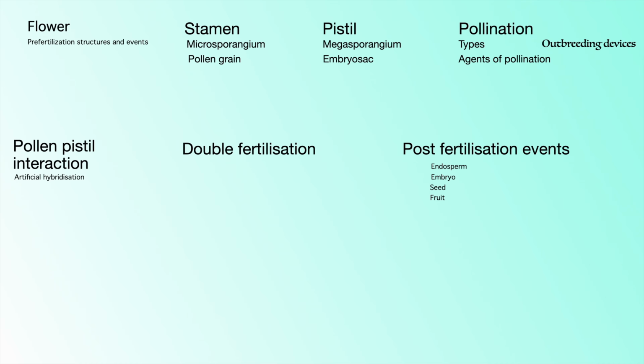Now let us discuss the seed. Seed is said to be the final product of sexual reproduction. It is also described as a fertilized ovule. It is present inside the fruit. If you see the structure of the seed, it contains seed coat, cotyledons, and inside, the embryonal axis. Now, we know what endosperm is.